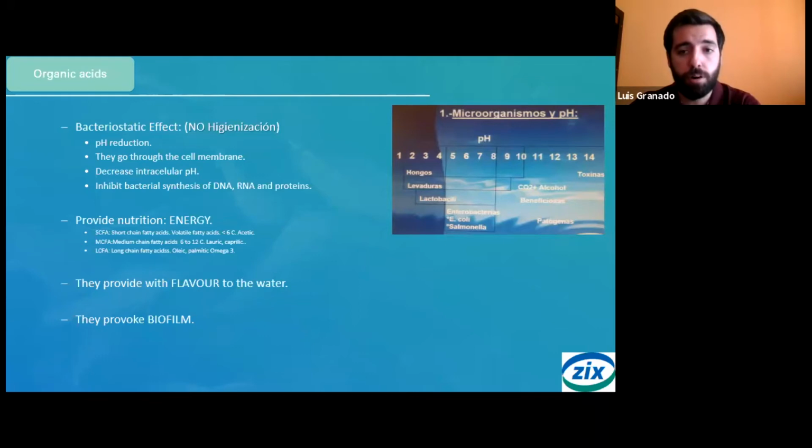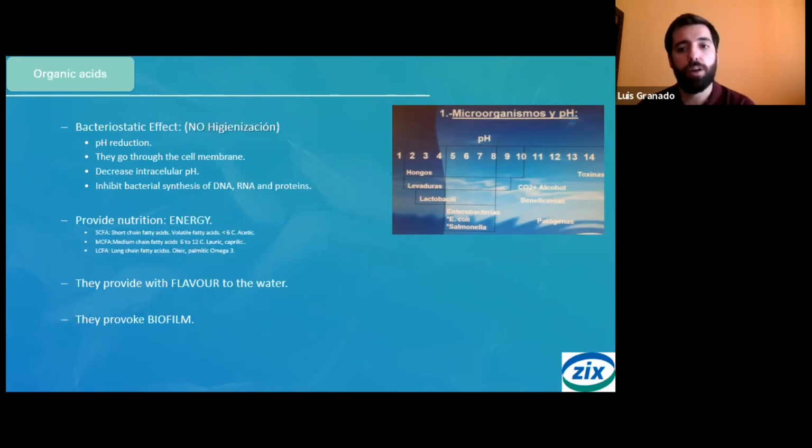But remember that any biofilm, no matter what the bacteria are in the beginning, will get mature with time, changing the surrounding environmental conditions, and it will be there where the pathogenic bacteria can colonize it as well. And this is why we can have problems of biofilm if we use organic acids and we do not do it properly. They give flavor to the water as well.